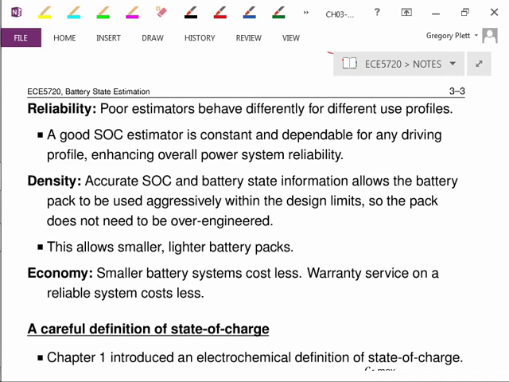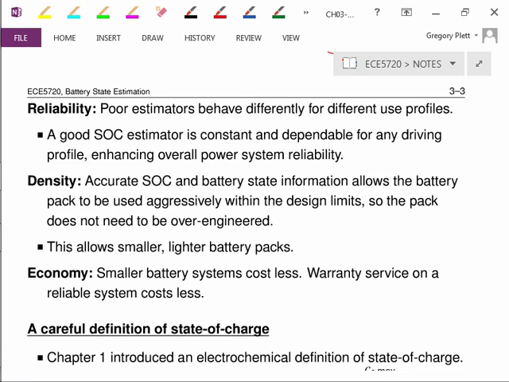But if I don't have confidence in my SOC estimate, then I have to over-design, over-engineer my battery pack by putting in more cells in order to meet the specifications. The performance specifications will require a larger battery pack.